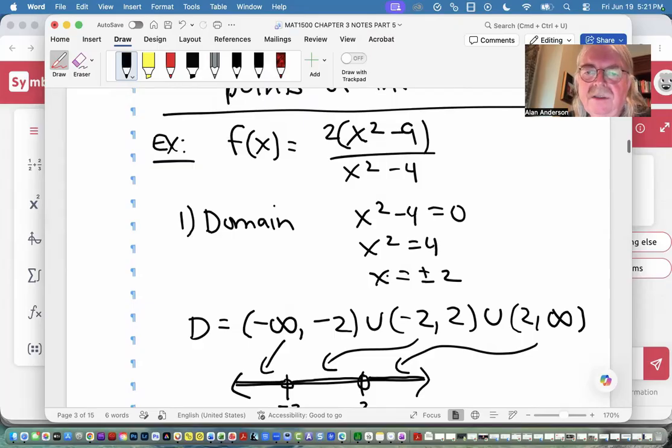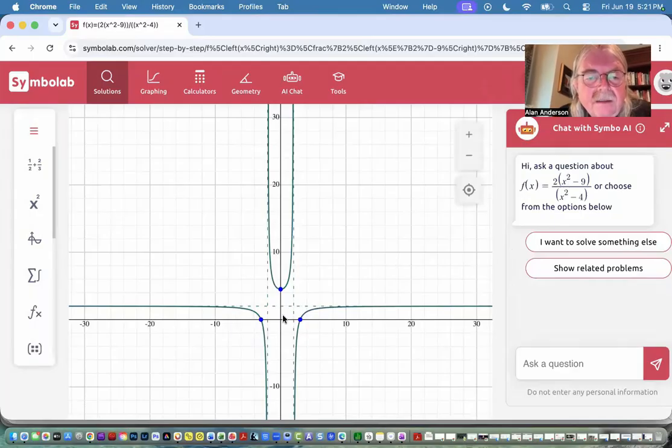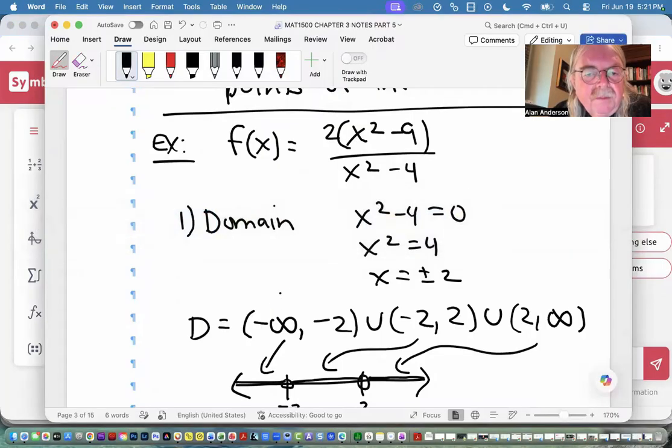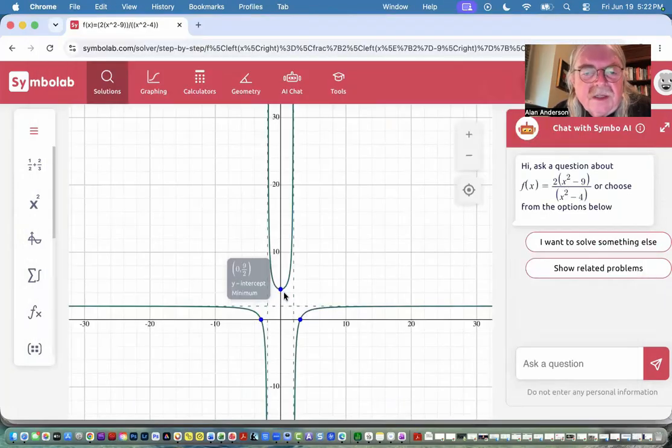Now the range is going to be very tricky in this one. You can see that it doesn't really include, here's the minimum point and here's the asymptote. Anything in between here is missing from the range. I'm not sure how they expect us to express that though.